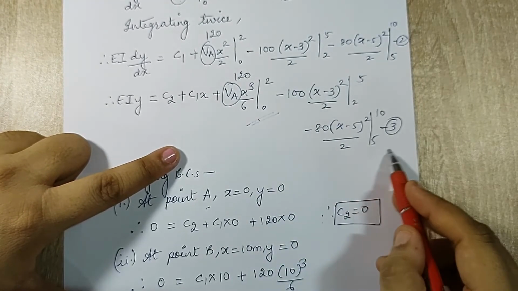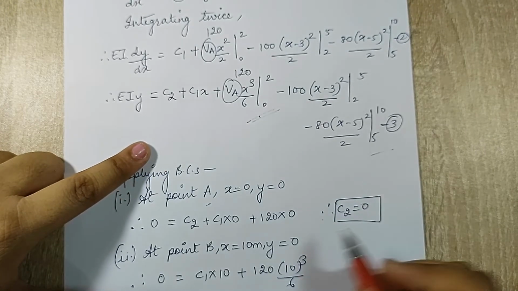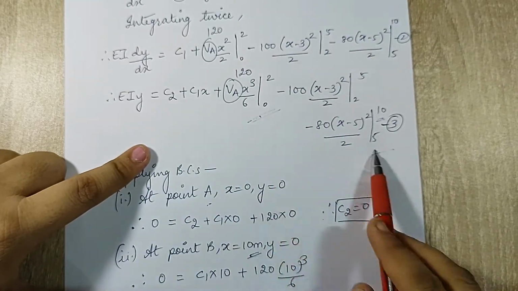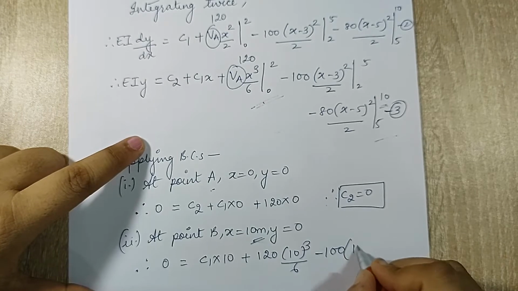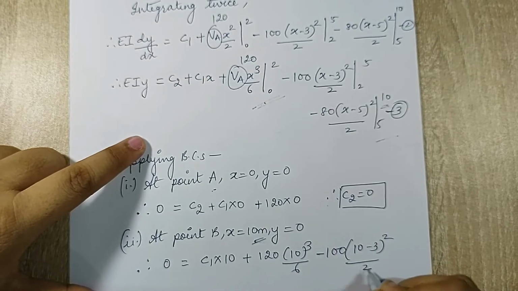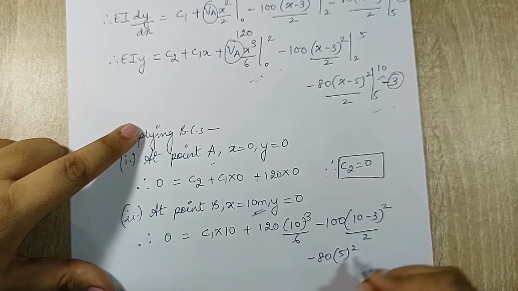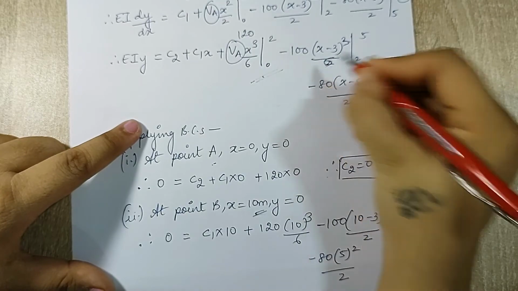Now I am going to write the entire equation because I am talking about point B, and since it is 10 meter, the domain also has to be 10. So next is 100, x is 10 minus 3 square by 2. And the last term is minus 80 into 10 minus 5, which is 5 square by 2. This is not square, this is cube, sorry, by 6.